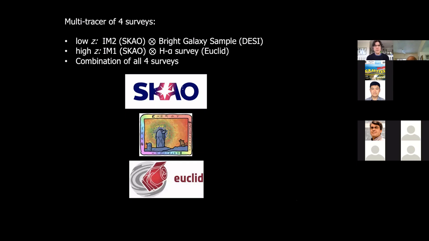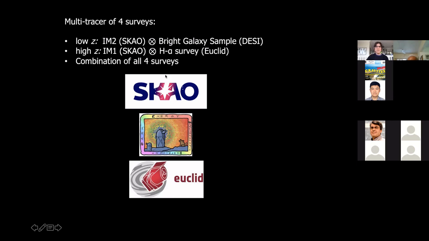So I'm going to show you an example which is based on work with my PhD student, Jan Albert Viljoen, and postdoc collaborator, Zé Fonseca, in which we use 4 different surveys, 2 from the SKAO, the band 1 and band 2, the low and high frequency bands, and 2 galaxy surveys, a bright galaxy sample from DESI and the spectroscopic H-alpha galaxy survey from Euclid.